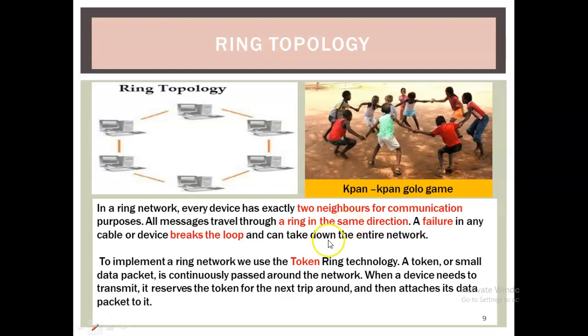Once a system is faulty, the entire network breaks down. To implement ring topology, we use token ring. And with the help of this token ring, messages are transmitted from one computer device to the next as the data flows.